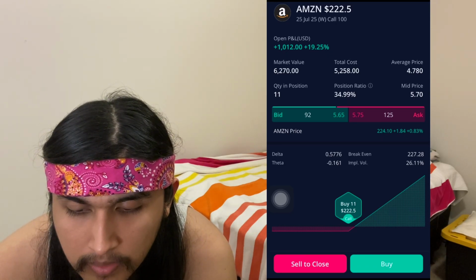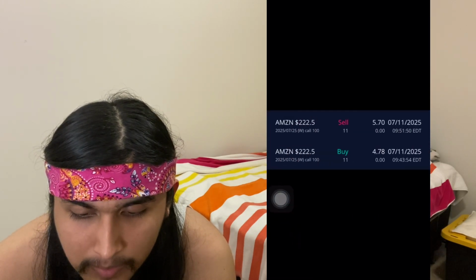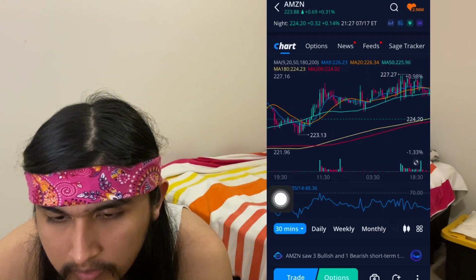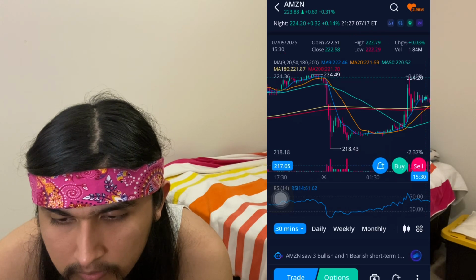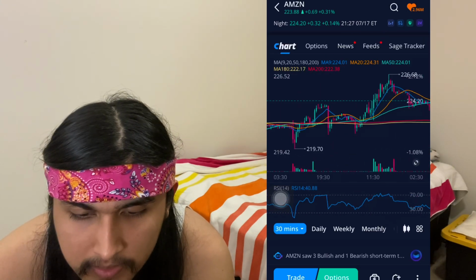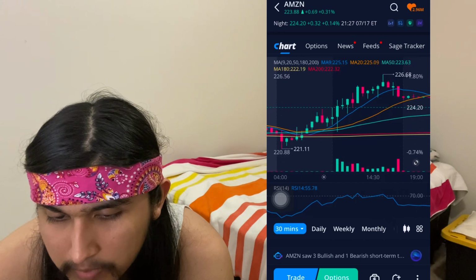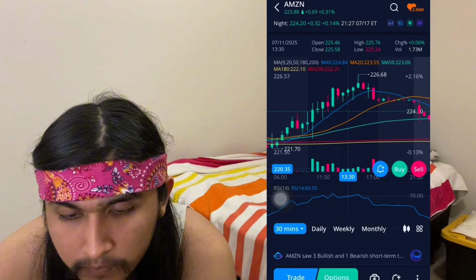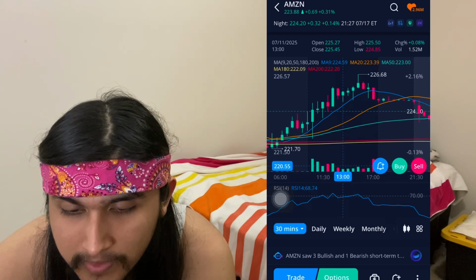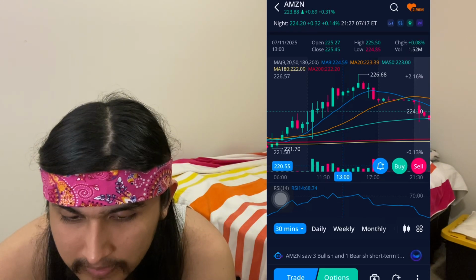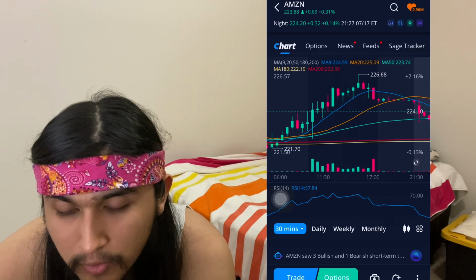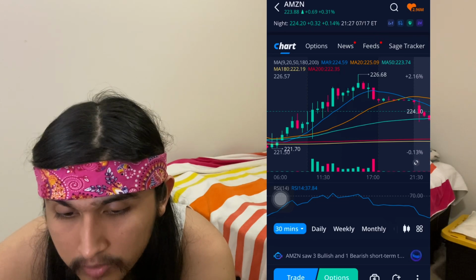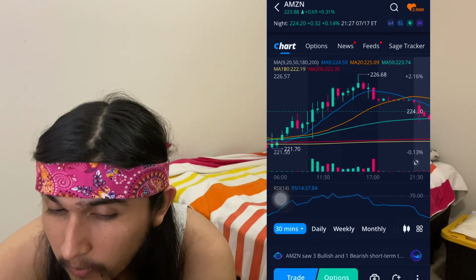So basically, the reason I played call options that particular day was because if you look at how the moving averages look on this day, on July 11th, usually when the chart's moving averages look exactly like this, it tries to indicate that that particular stock will be in a bullish trend for pretty much that whole day.